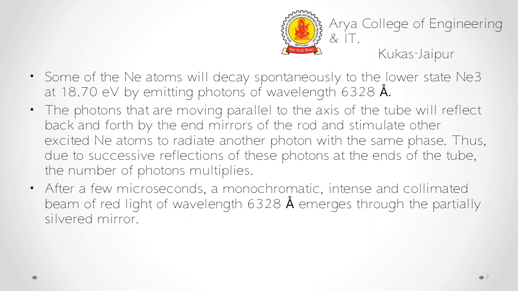Thus, due to successive reflection of these photons at the ends of the tube, the number of photons multiplies. After a few microseconds, a monochromatic, intense and collimated beam of red light of wavelength 6328 angstrom unit emerges through the partially silvered mirror.